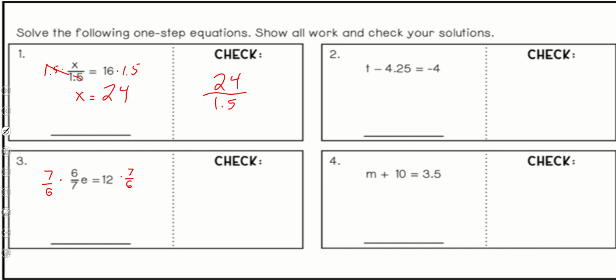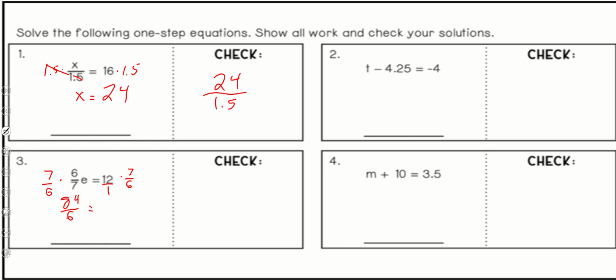So when we do that, it's canceling out the fraction on the left side, which is what we want. And then there's a couple different ways you can look at that. You can multiply straight across your tops and straight across your denominators. So 12 times 7 will give me 84. 1 times 6 on the denominator gives me 6.